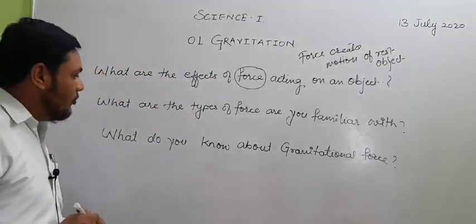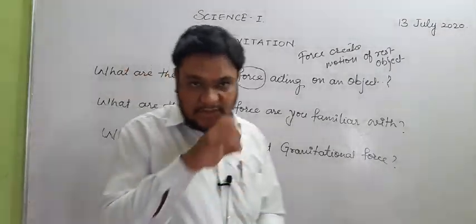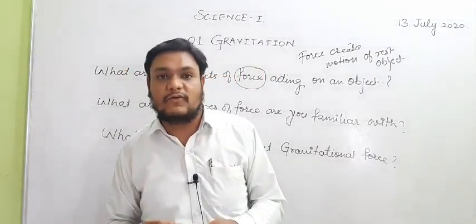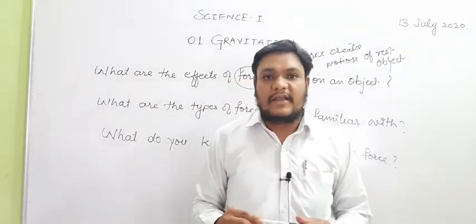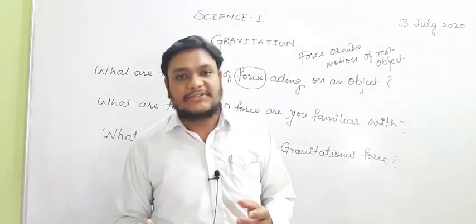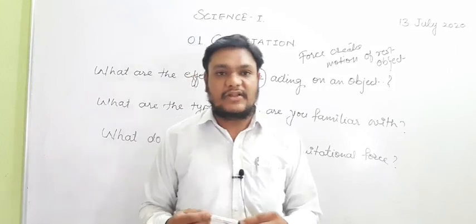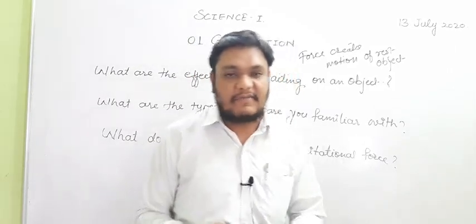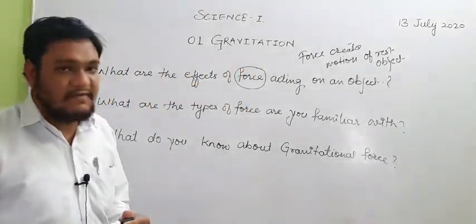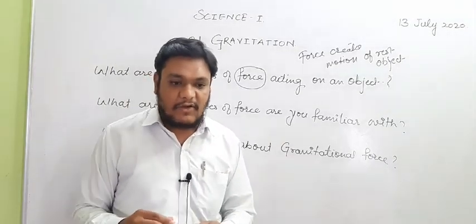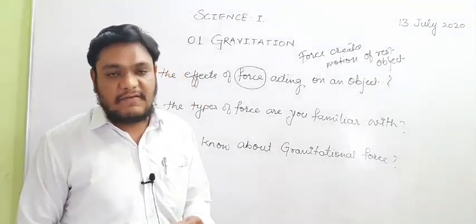After this, the next question is, what do you know about the gravitational force? Students, we all know that in our universe, any two objects attract each other towards itself. In 9th standard, we have studied Newton's universal law of gravitation. What is the law of gravitation?